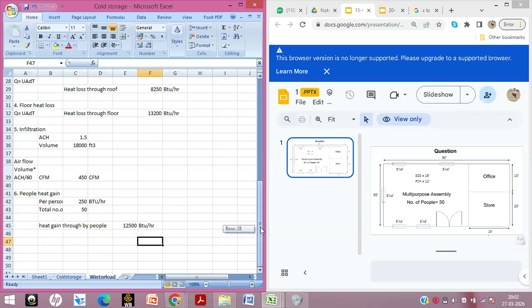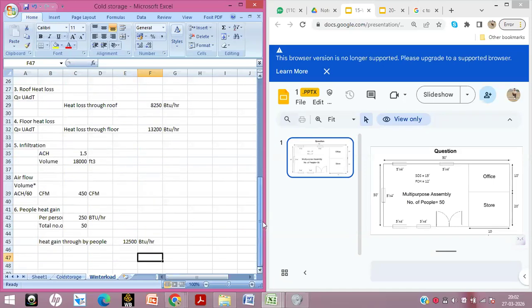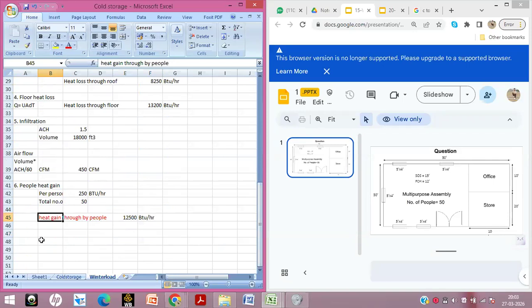So now we need to calculate the total load. Okay, first of all we need to calculate the total load. Let's consider a different color, and we'll calculate it.